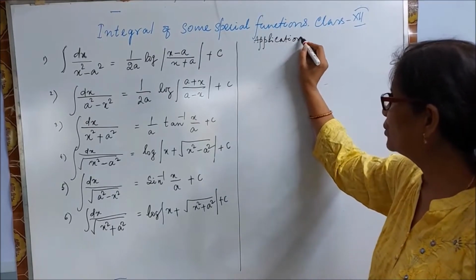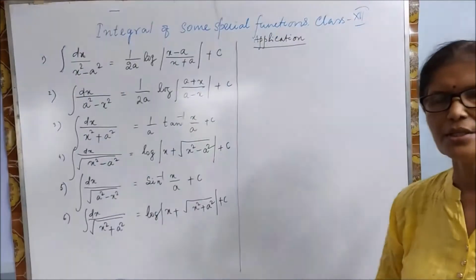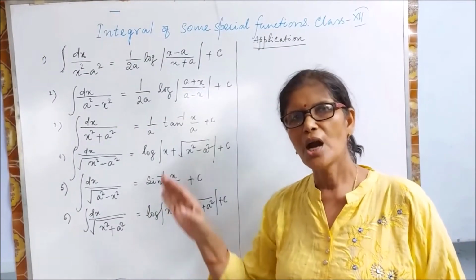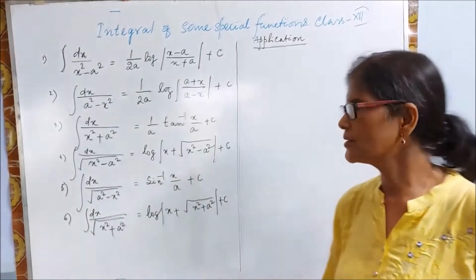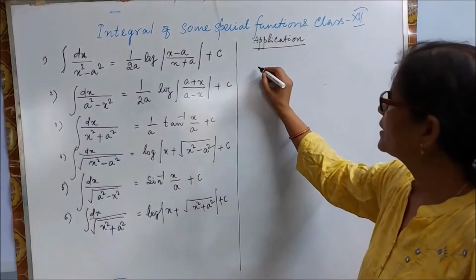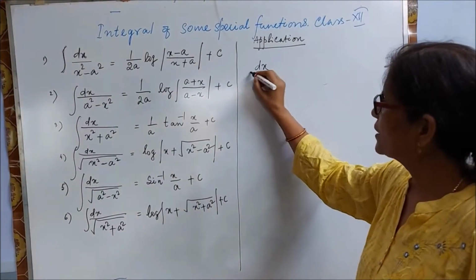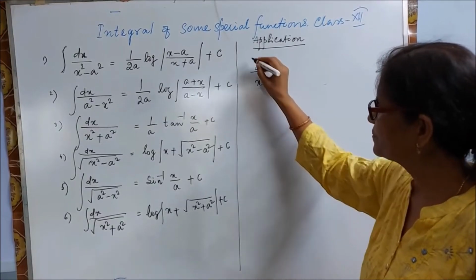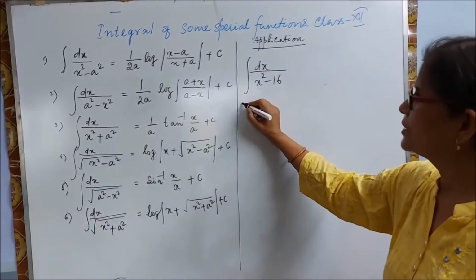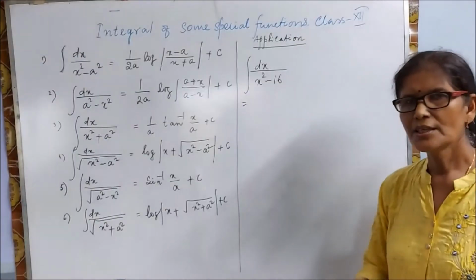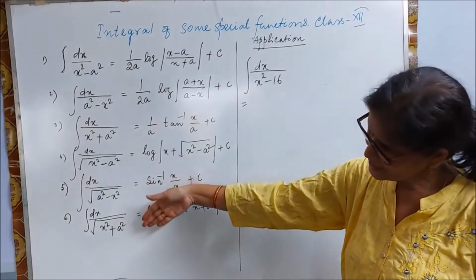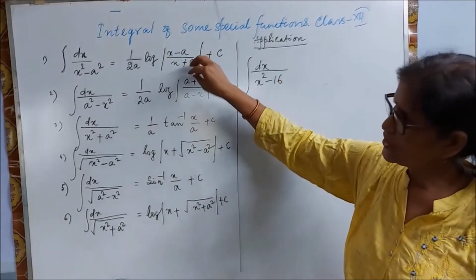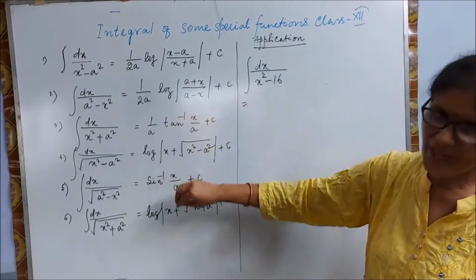Now, how do we solve questions based on this, or what is the use of these formulas? First I am writing the integral of dx by x square minus 16. Now I have to see which formula this fits: 1, 2, 3, 4, 5 or 6.